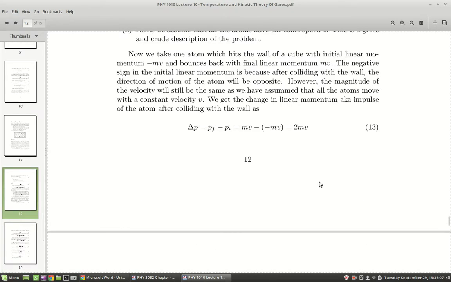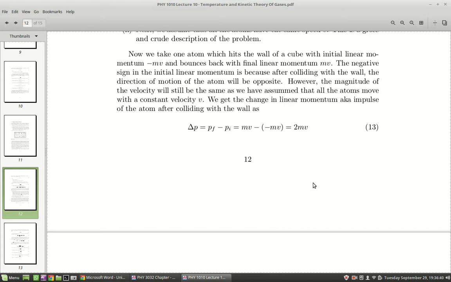Next, we want to find out how much time it takes the atom to move from here towards the wall and come back. Remember, these atoms are moving in a cube, and the size of each cube is L. As the atom goes, it covers a distance of L. When it comes back, it covers another distance of L. So altogether, it covers a distance of 2L.